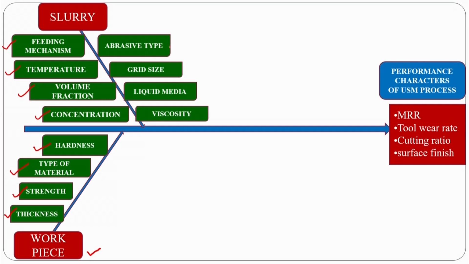And on the other side, abrasive type that you are going to mix with the carrier medium, grit size, and the liquid media, what type of liquid media you are going to use, and viscosity. Normally viscosity should be low, so that it can reach the complex surfaces of the tool, so that the same converse shape can be developed on the workpiece surface.